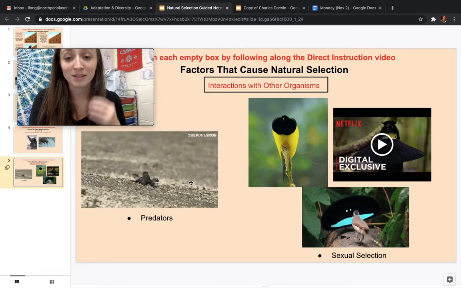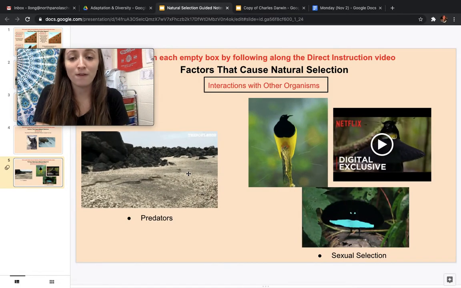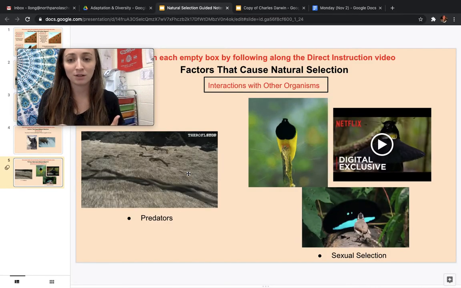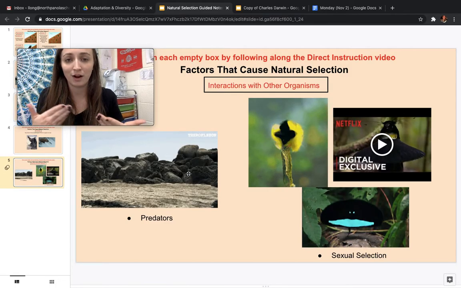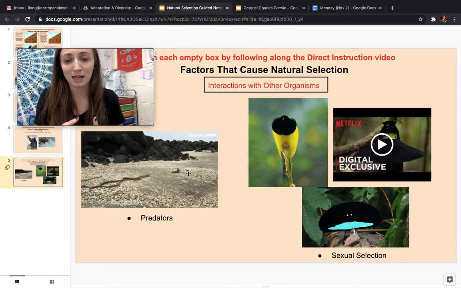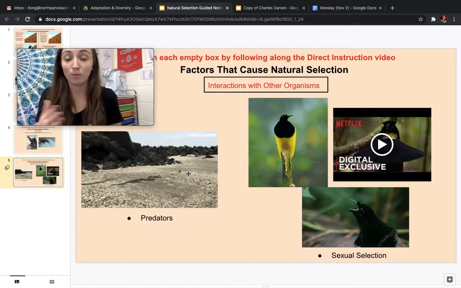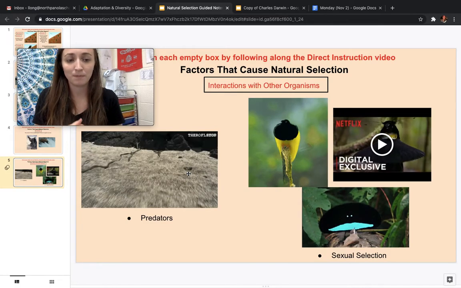It sounds like my worst nightmare, but whatever. The lizards who are the fastest are going to be able to survive, because if they're slow, they're going to be eaten by one of these snakes. They're kind of out of luck. They're not going to be able to have a family, make any kids. Tragic. Whatever predators or prey are available in the area, that's definitely going to affect a population.